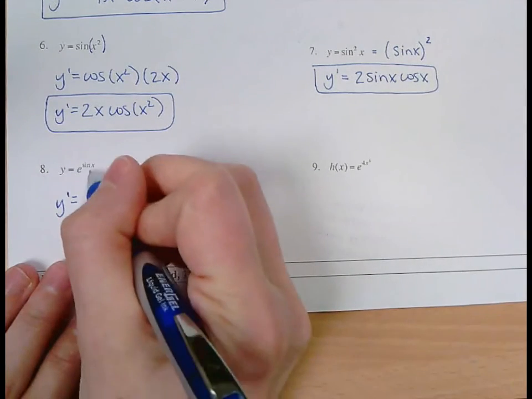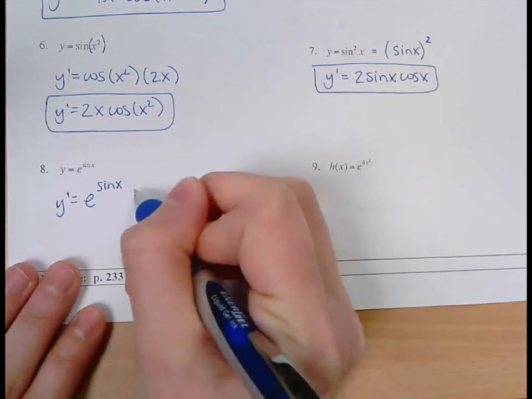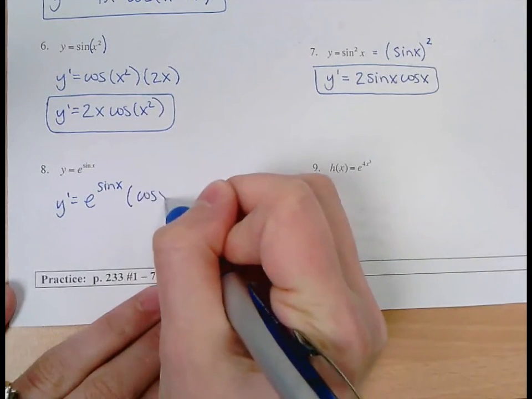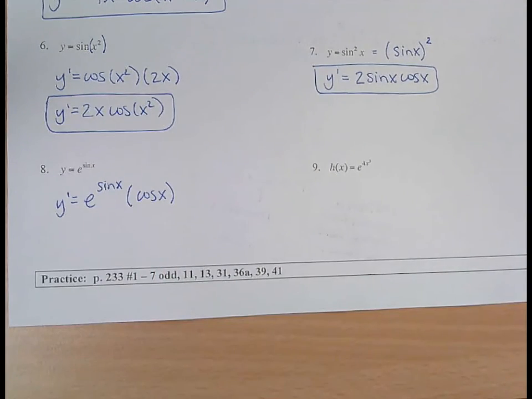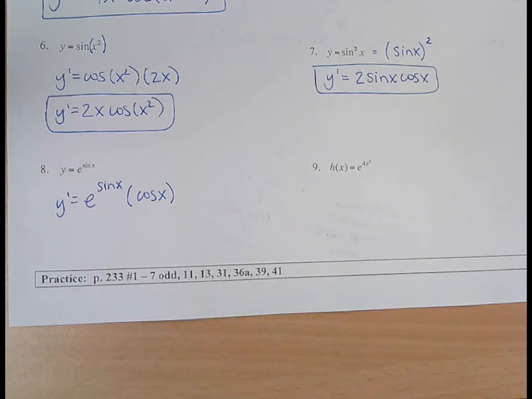So the derivative of the outside for a would still be e to the sine of x. Then you have to multiply it by the derivative of sine. So that would be cosine of x. Okay, so that would be your derivative if you wanted to write cosine of x in front. There's not a great way to write that, I guess.